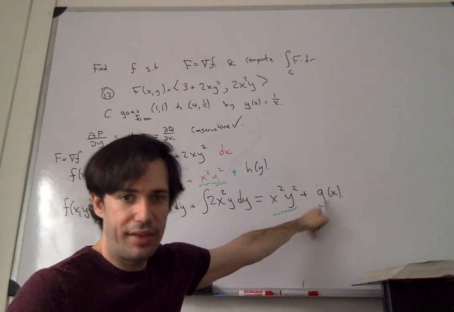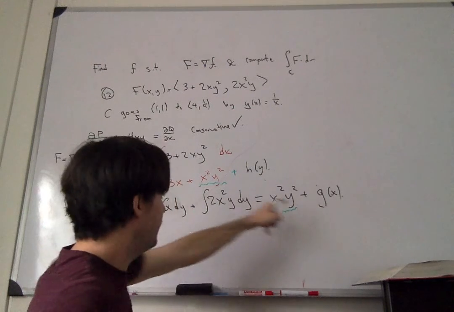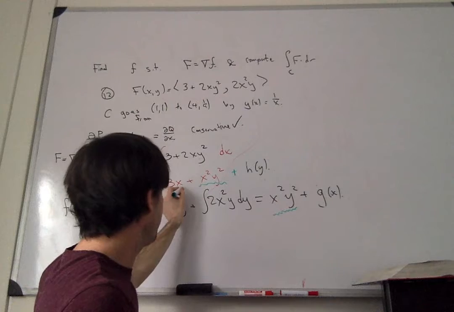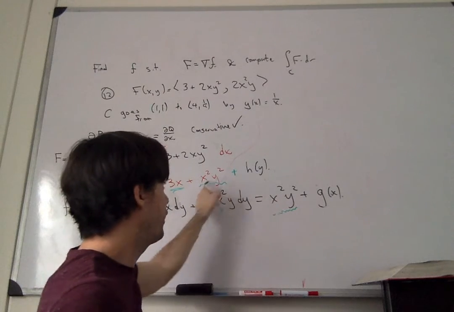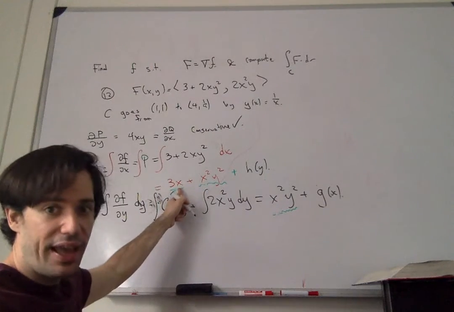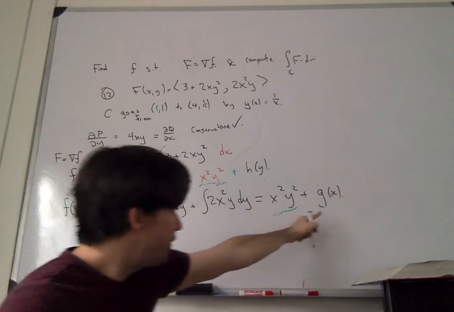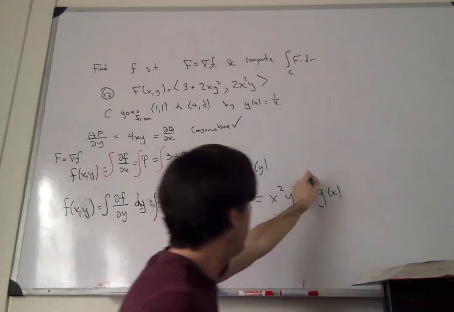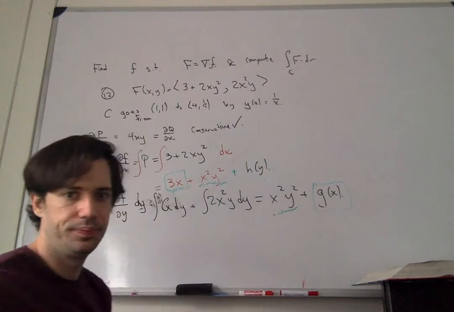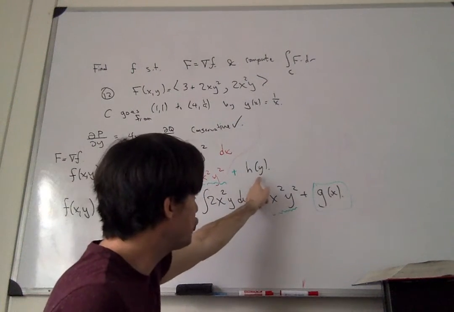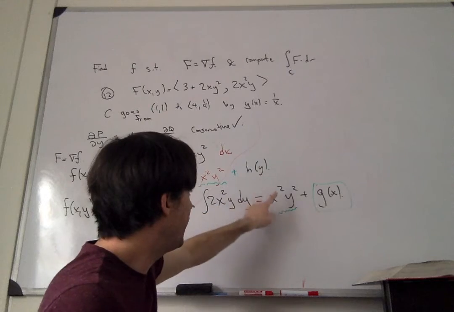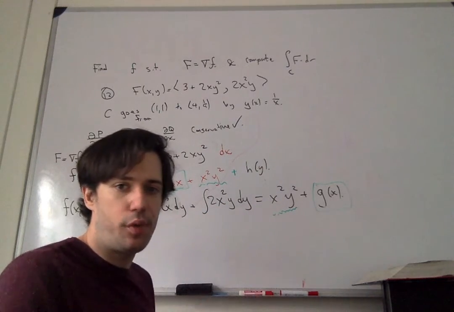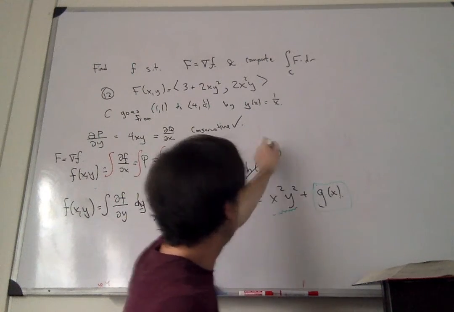Because g of x is the only other thing here that contains x, and that's the only thing here other than that, which I've already matched up. That's the only other thing. It has to be that that's the g of x. So that's the g of x, right? These are equal, okay? Now, I still have this h of y, but there's nothing else it could be, so it has to be 0. So h of y is equal to 0.